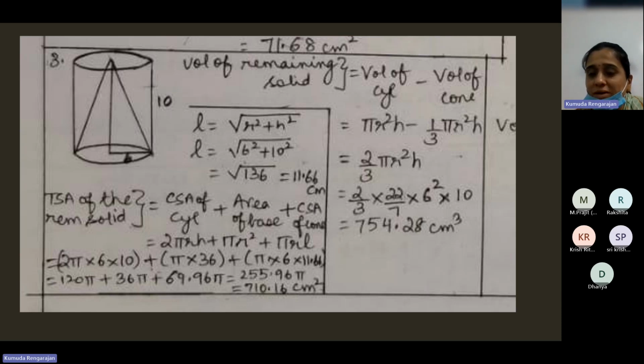Then substitute the values, and it's 754.28 for volume.